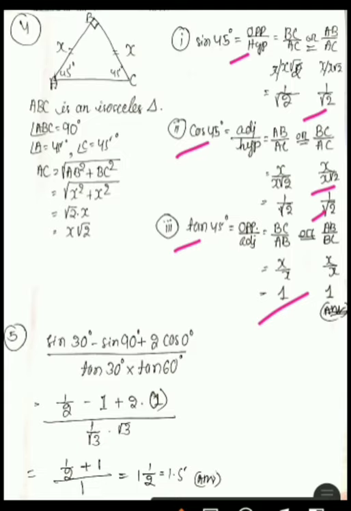So students, by taking this angle you can take the opposite, the hypotenuse and the adjacent, and by taking this angle also you can take the opposite, adjacent and the hypotenuse. So both of this I have written.